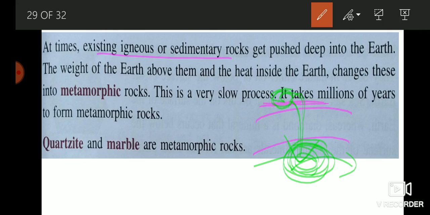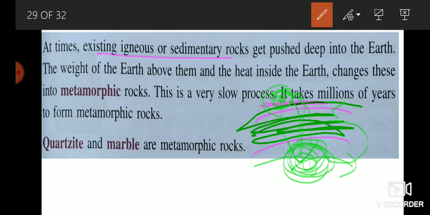When this rock reaches into the deep, what happens next? Above this rock, the huge earth crust is present, and that earth crust has a very huge volume and very huge weight.